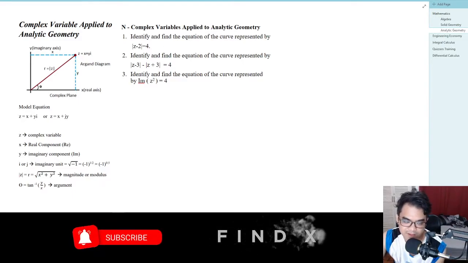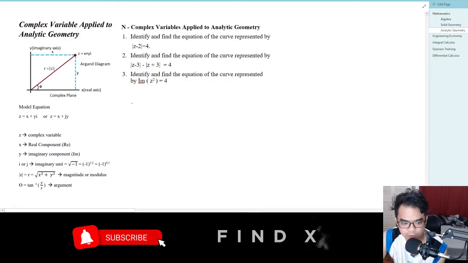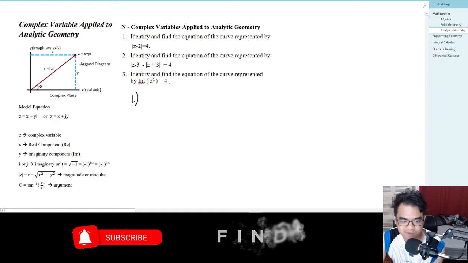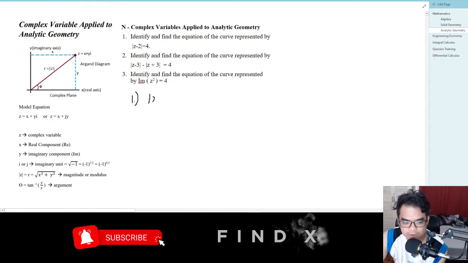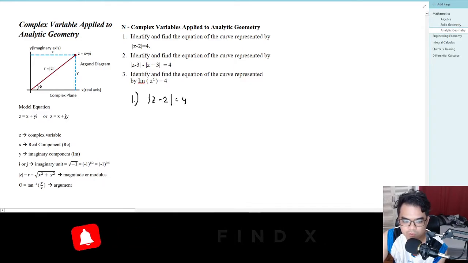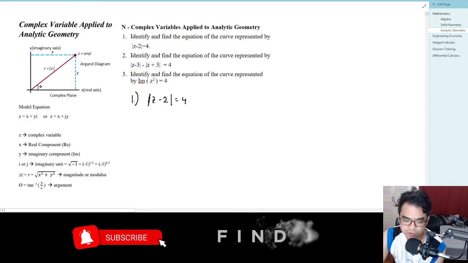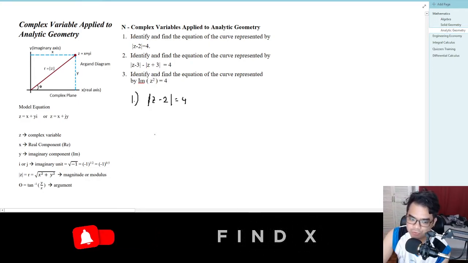Okay, so let's try number 1. We are to identify and find the equation of the curve represented by |z - 2| = 4. So these bars represent that you only need the magnitude of this one, or what we call the modulus.